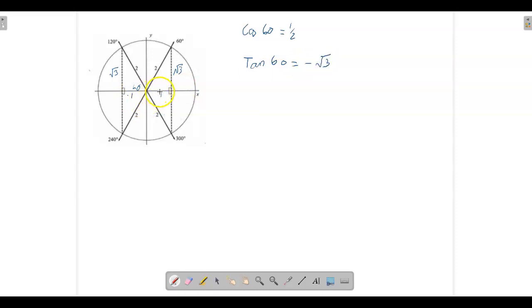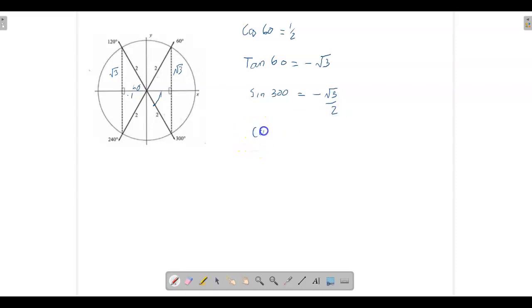Let's look at the sine here. So all the way around to 300, going anti-clockwise rather, 300. And I can see here that I've got sine is opposite. Now that line there is the same as that line there, but it's negative root 3 and it's positive 2. And let's just do one more.